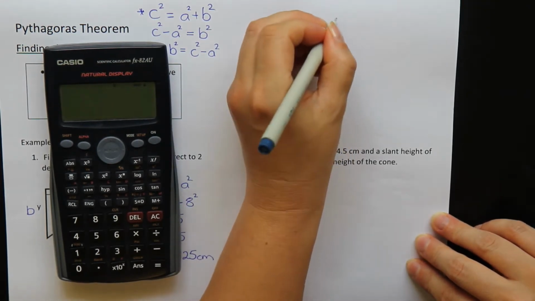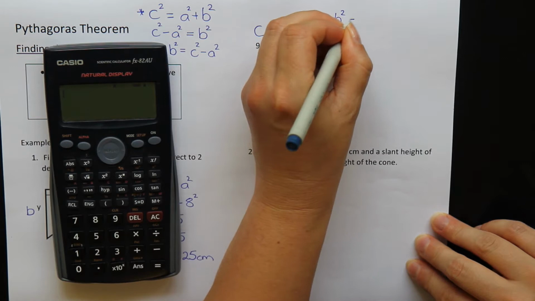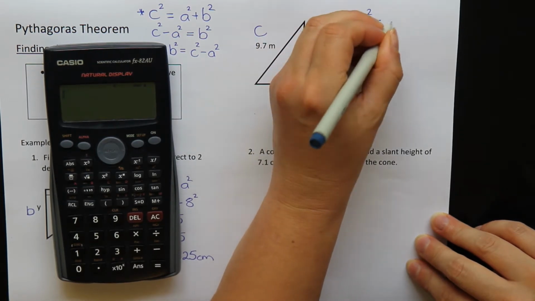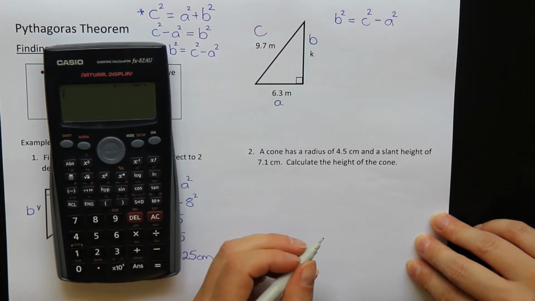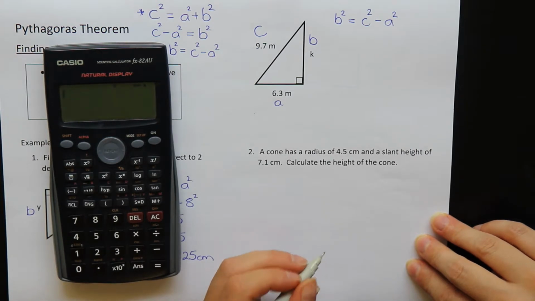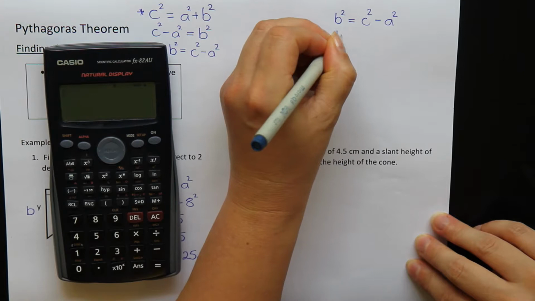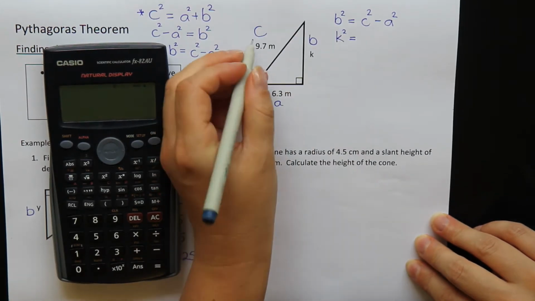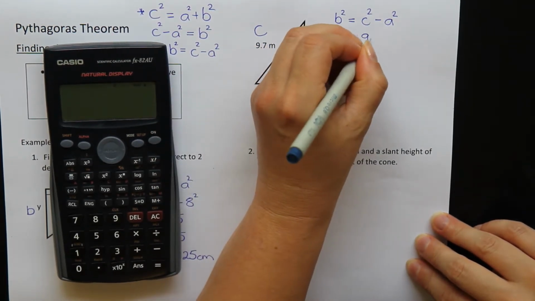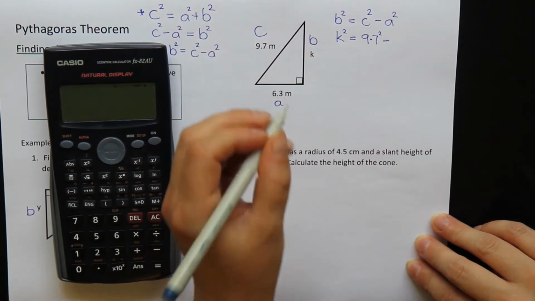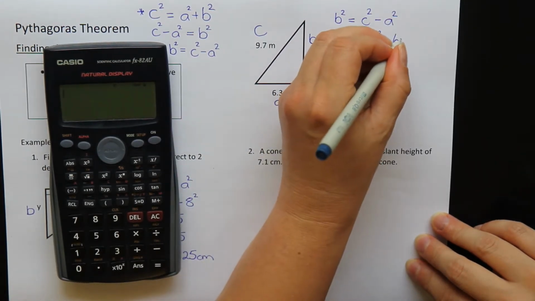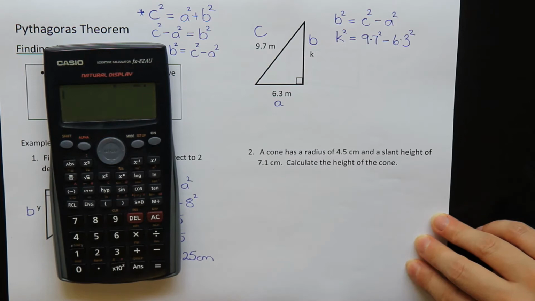Let's write the formula down. b squared equals c squared minus a squared. Alright, let's substitute in. The b is k this time. So k squared equals 9.7 squared minus 6.3 squared.